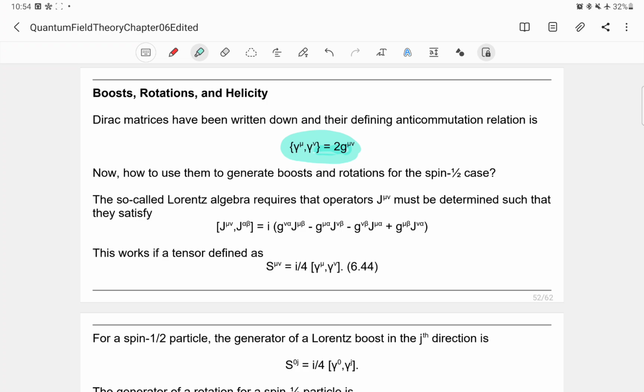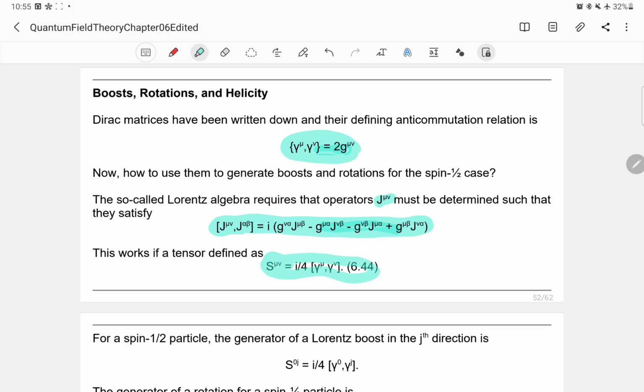For the Lorentz algebra, it requires that the operators J mu nu must be determined so that they satisfy this. But this is a tensor defined by this one here.